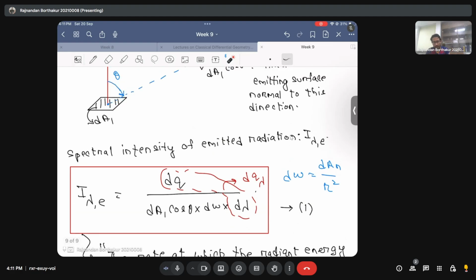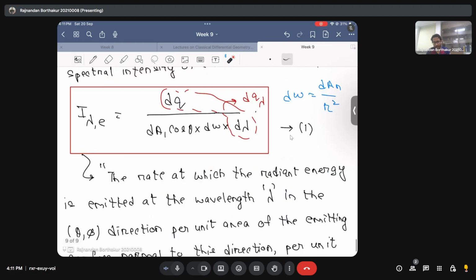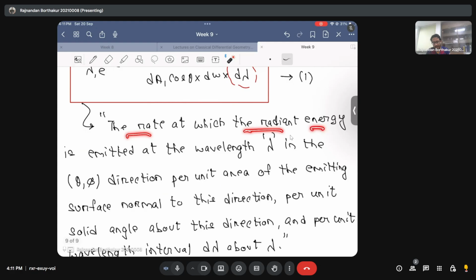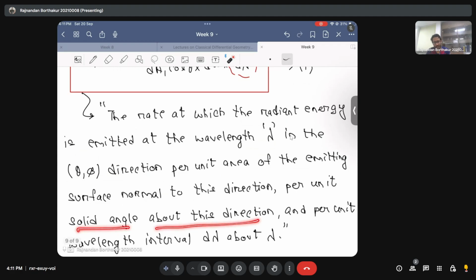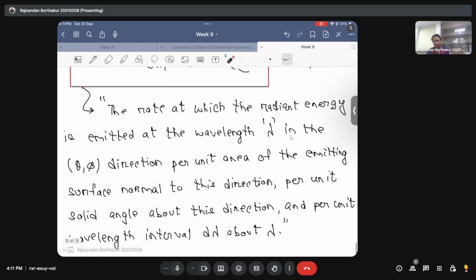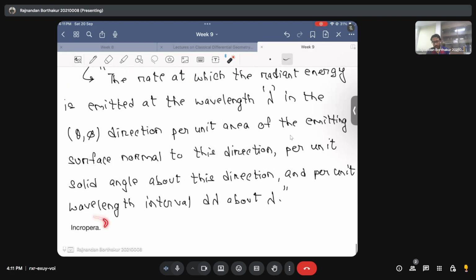Using these quantities, you can define the spectral intensity of radiation as the rate at which the radiant energy is emitted at the wavelength lambda in the theta phi direction of the emitting surface, normal to this direction, per unit solid angle about this direction and per unit wavelength lambda. This is the definition I took directly from the book of Incropera.